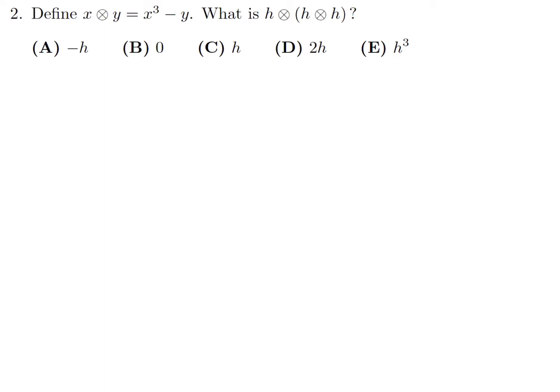Define x symbol y as x to the power 3 minus y. What is this expression? So first, let's just do what's there in the brackets. So that's h symbol h, and that, according to this definition, is going to be h to the power of 3 minus h.